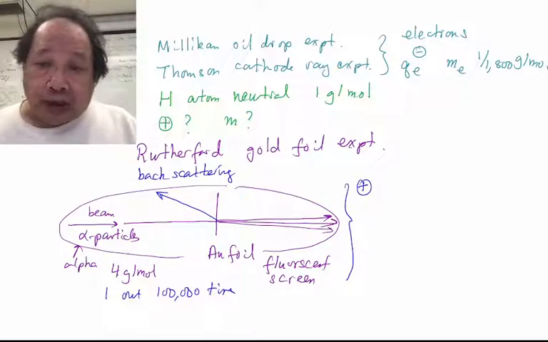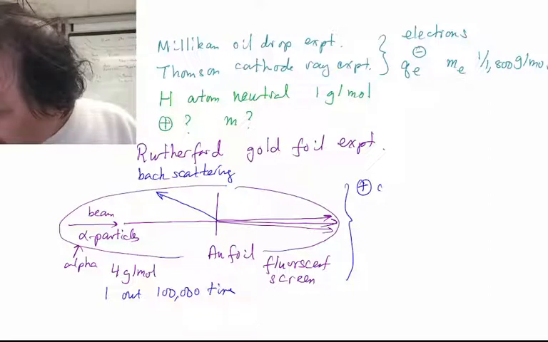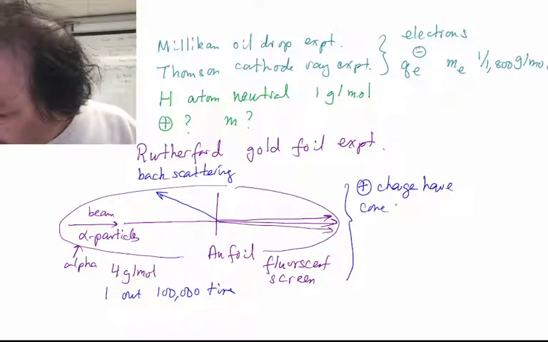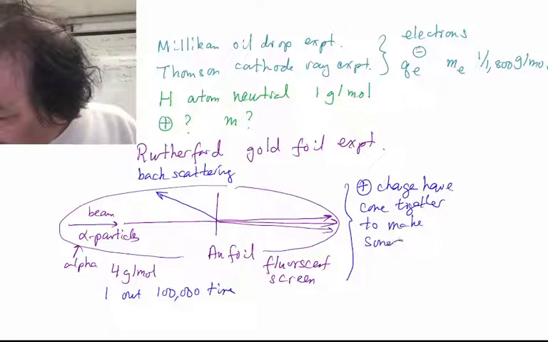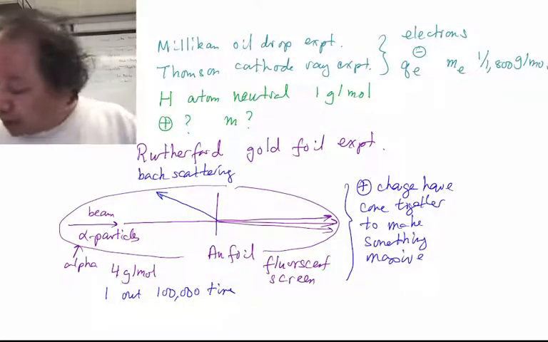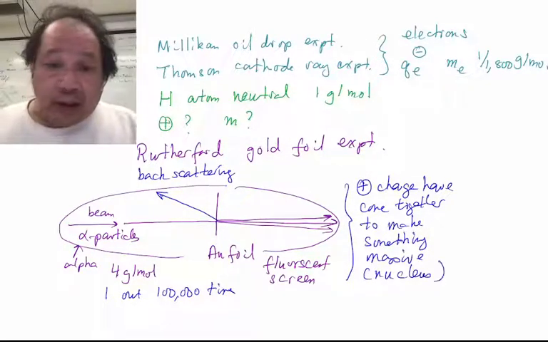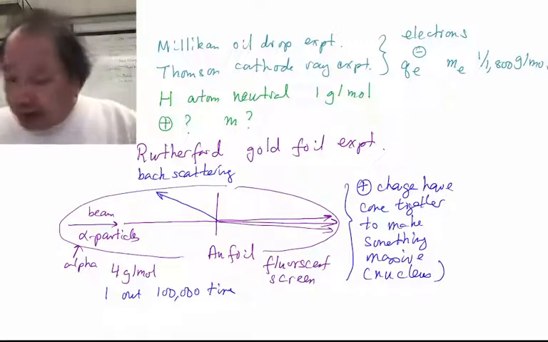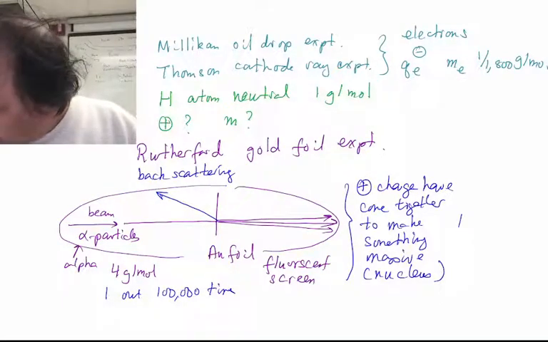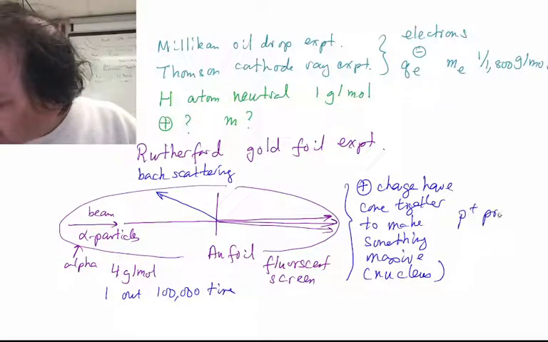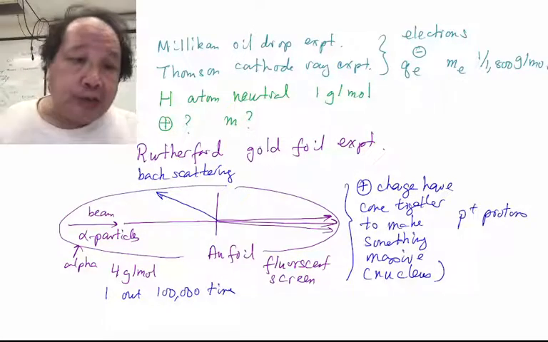And so we know the plus particles, the plus charges, have come together to make something very massive, in order that the alpha particles bounce back. And we now know that that very massive thing is the nucleus. And the plus particles, which are called protons, they have positive charges, are inside that nucleus.